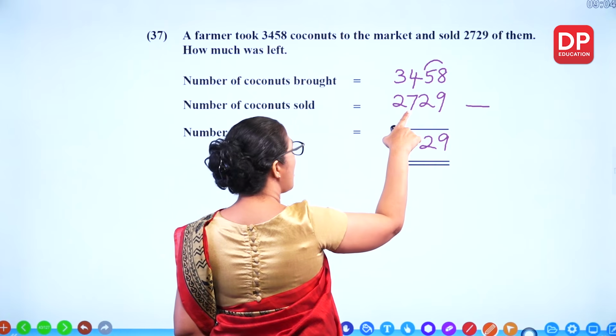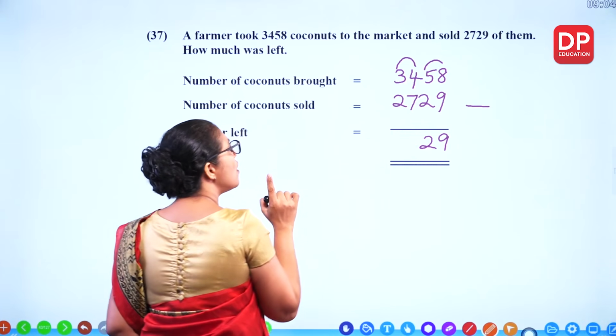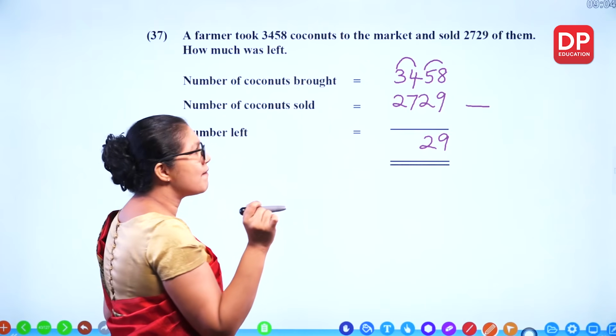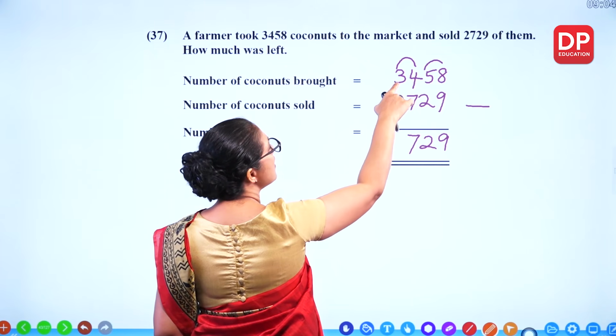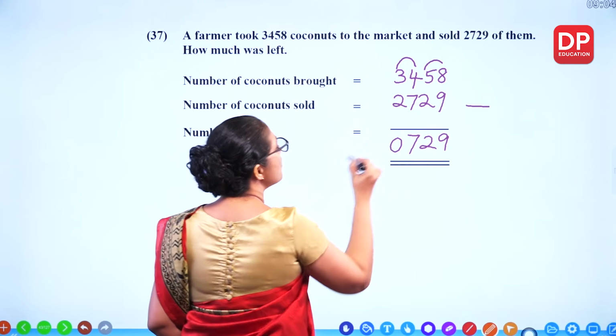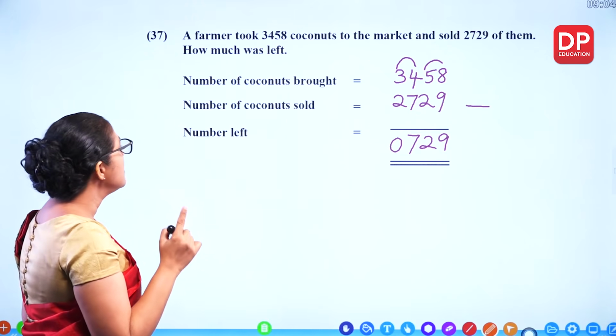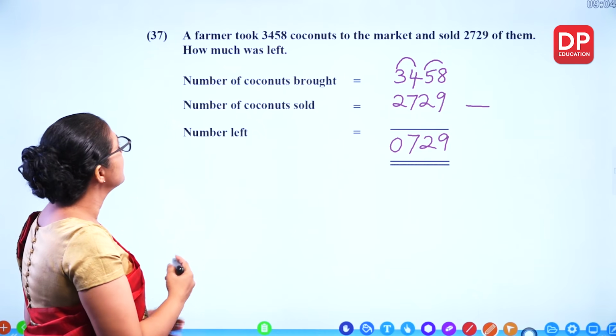Then again you can't subtract 7 from 4. You take 1 from here. 14 minus 7, you get 7. Now what's the remaining one? Here it becomes 2. 2 minus 2, that's 0. So altogether 729 coconuts left.